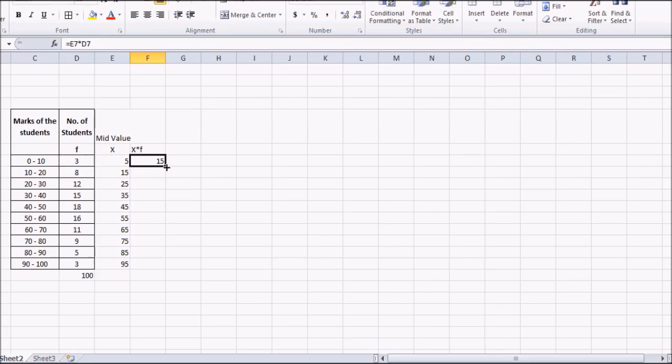We will just drag this function down to all the cells in the column, and then finally add it. So the sum here is 4750, and the arithmetic mean would be this 4750 divided by 100. So 47.5 is the arithmetic mean of this data.